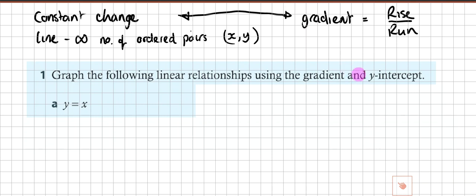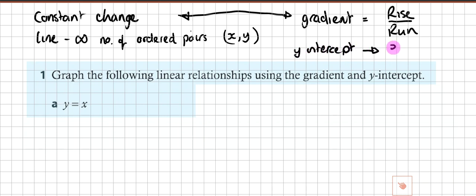Remember, we did criterion B about the axis intercepts. What is the y-intercept, the y-axis intercept? Not always zero. It's where the line intercepts the y-axis. Where the line intercepts the y-axis, x will always be 0.